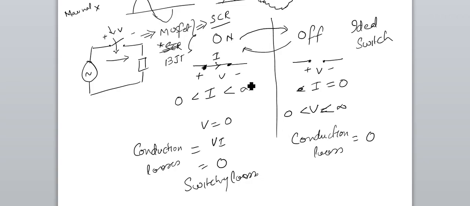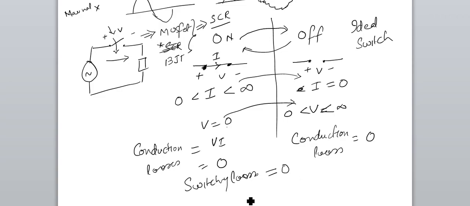Like here, the current during the on condition changes from a finite value to 0, and the voltage changes from 0 to a finite value, right? Similarly, vice versa happens. So during the transition, there will be a switching loss. But for ideal switches, switching loss will be 0.